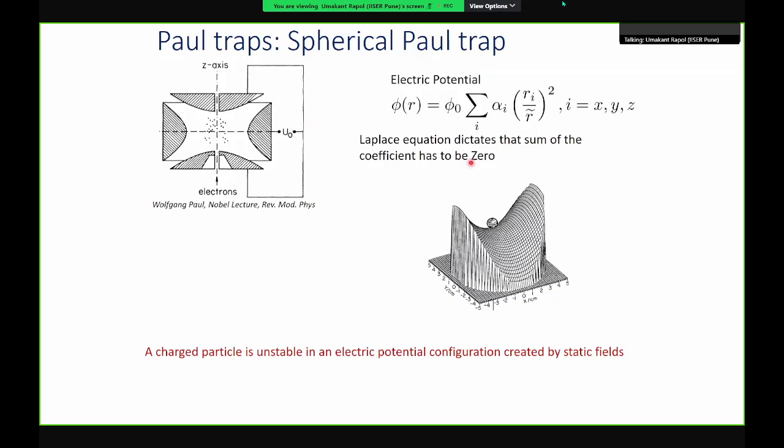Since the Laplace equation dictates that the sum of these coefficients along all three axes has to be 0, the potential is like a saddle. Along one direction, the potential increases; along the other direction, the potential decreases. I'm talking about the radial and the axial potential.